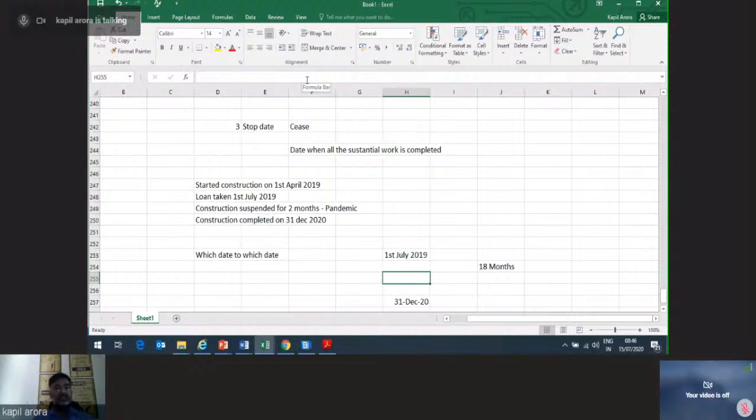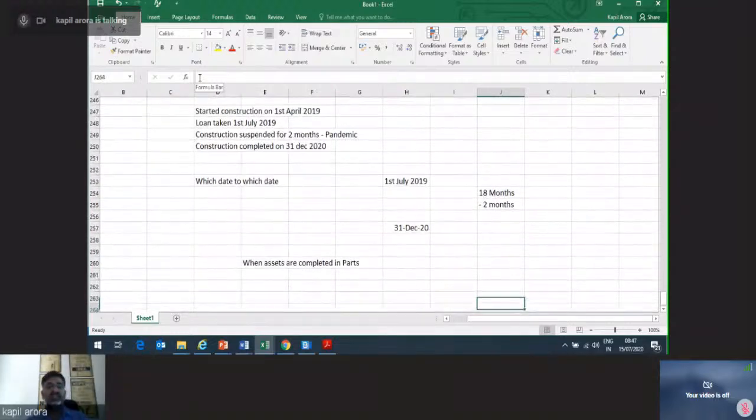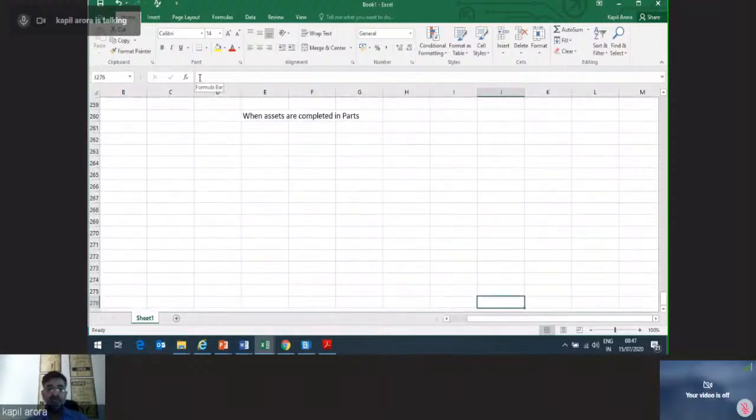So 18 months minus 2 months. That would be considered as my period. I hope this is fine.